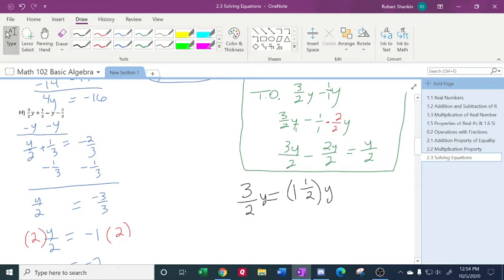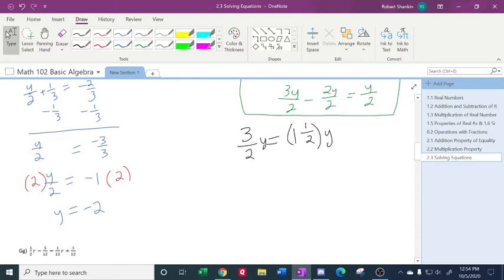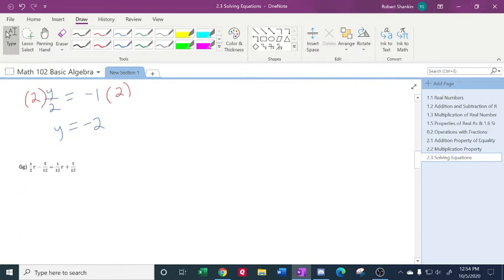All right, now these two are like terms. They also have the same denominator. So you just add the numerators, and then it reduces. And then we got to get Y all by itself. We got to get rid of this divided by 2 by multiplying both sides by 2. All right, so here's another one so you can practice the same thing again.